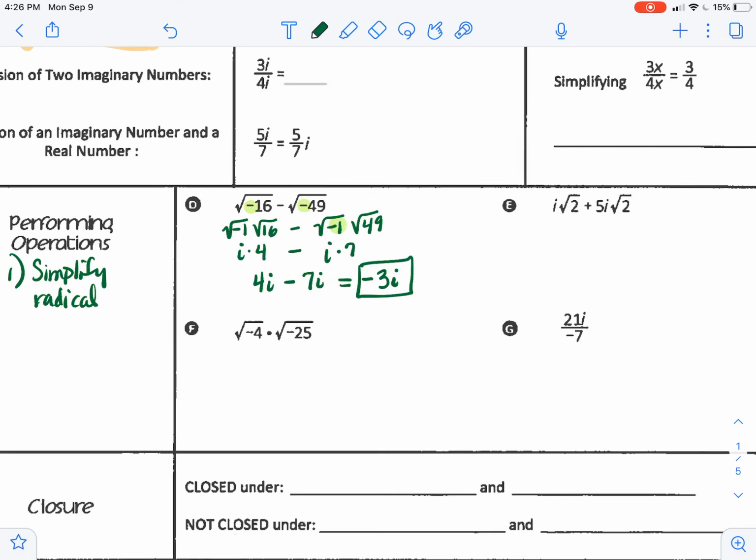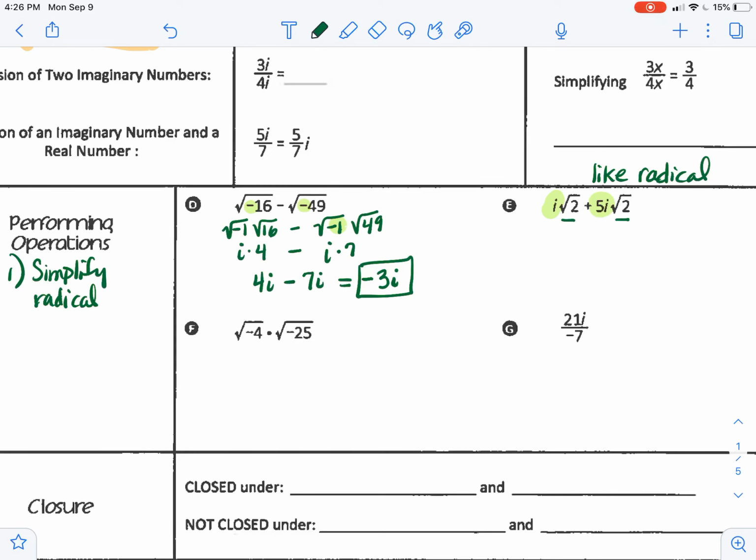E. Now, when you look at this, guys, this both has a square root of 2. Since they're both square root of 2's, that again is like terms. As long as we have what we call like radicals, you can add them together. So all we're going to need to do is add our coefficients.